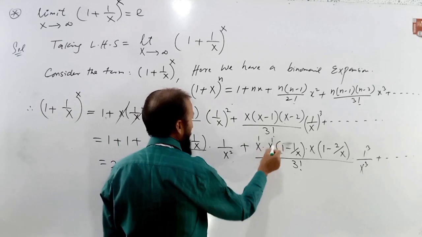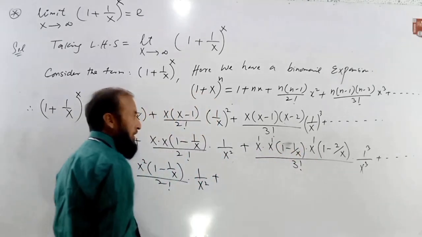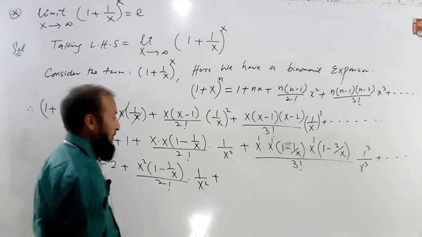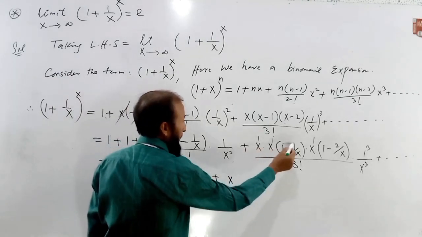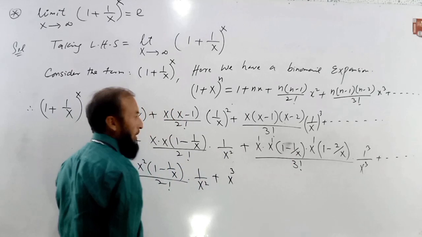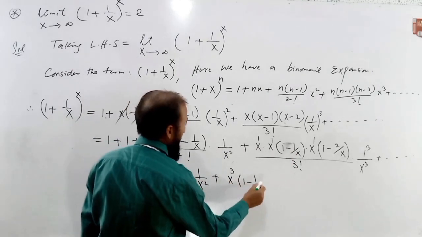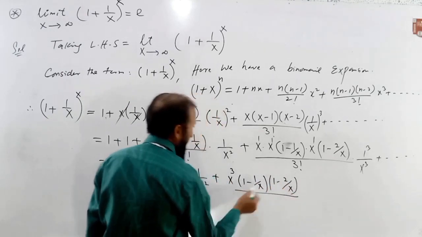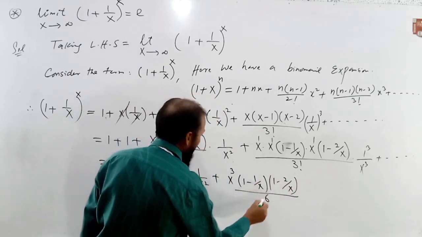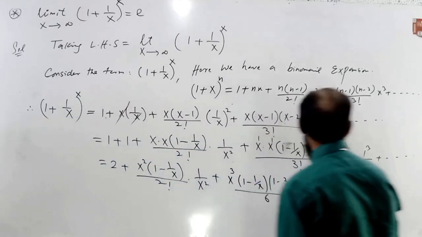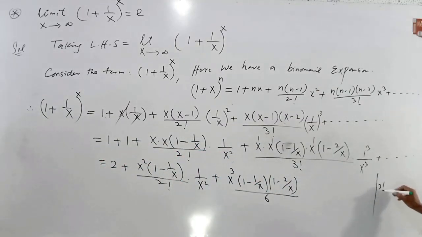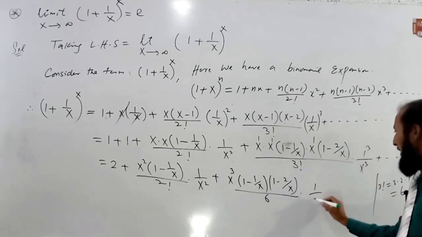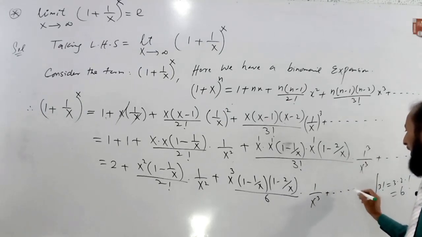Here the exponent is 1, 1, 1, we add all these 3 terms, we take the base x: 1 plus 1 plus 1, 3 times, we get x power cube into 1 minus 1 by x into 1 minus 2 by x. And here for 3 factorial we can write 6, because 3 factorial we can write 3, 2 and 2, 1. So we will get 6 and 1 cube, 1 divided by x cube, plus up to so on.